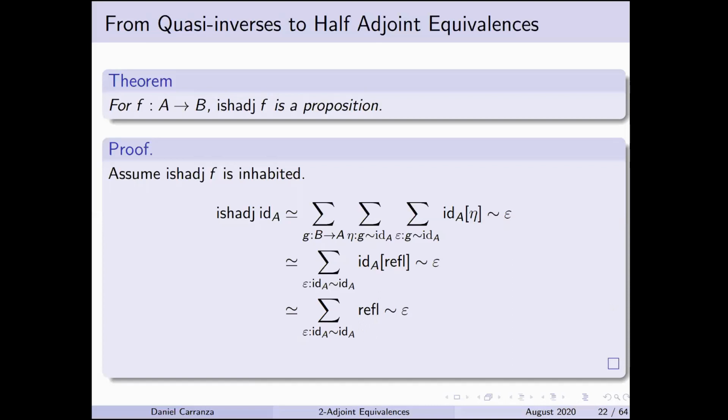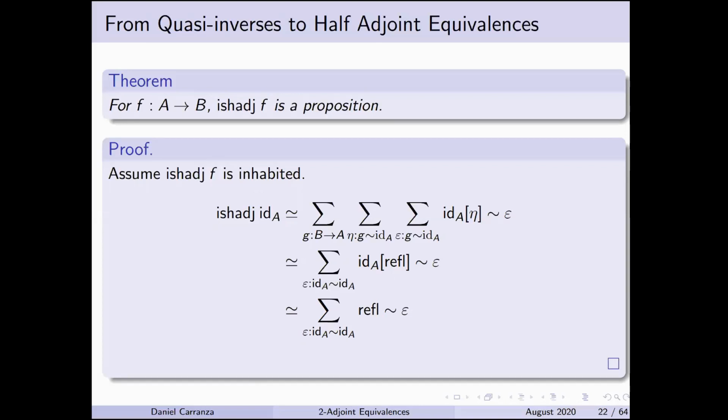So we know that half-adjoint equivalences are propositional types. If we wanted to prove that left half-adjoint equivalences are also propositional types, then it's a very similar proof. Both triangles boil down to the same thing. So we know that appending either triangle fixes the type of quasi-inverses.